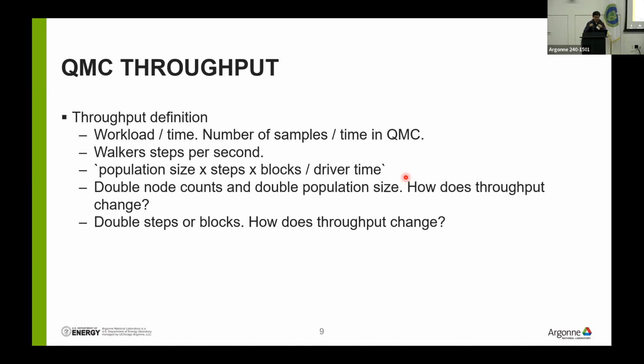Sometimes in QMCPACK, we write it as walker steps per second, because walkers means the population size, the steps is the total number of steps in this QMC driver's execution, and per second is divided by the time unit. To be more specific, it is population size times the steps in the input block times blocks, over the total driver time. So the quick question is, now if I double the node count and double the population size, how does the throughput change?